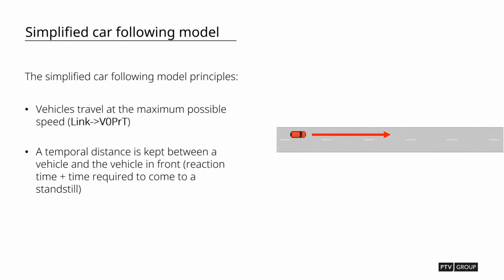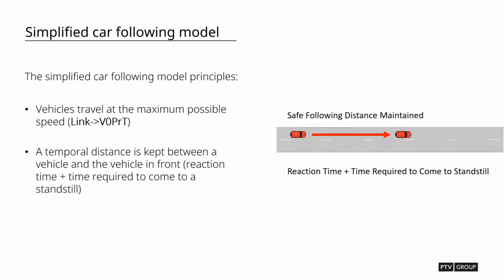Now, if a vehicle's unable to maintain maximum speed, so if there's congestion, it's going to maintain a following distance that's based on an effective vehicle length, which is the standstill distance and the length of the vehicle, and there's a reaction time. We'll talk a little bit about how you can modify those parameters later, but there are some defaults in there.